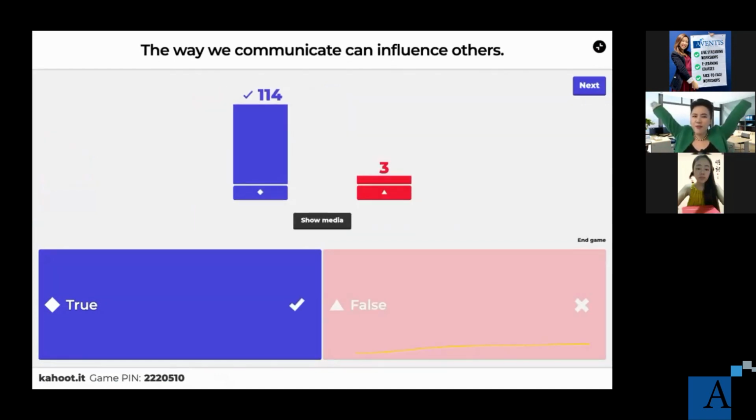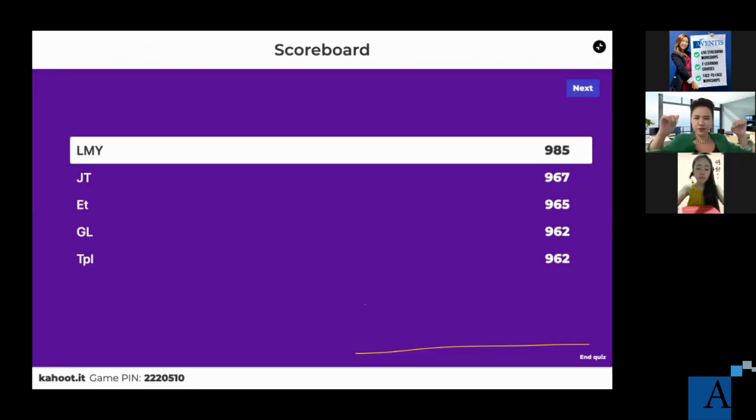Most of us agree that the way we communicate can influence others. Three of us disagree. Either your finger accidentally landed there, or you do have your own point of view, which I wish I could actually hear more. But thank you for voting. This is just to know which side of it are we on. The next one.